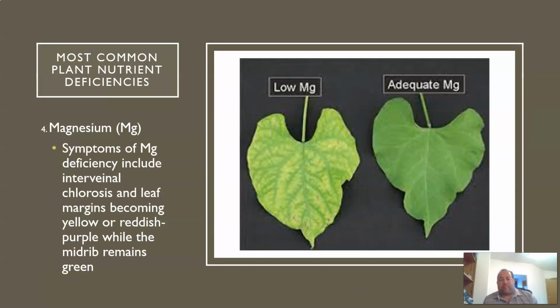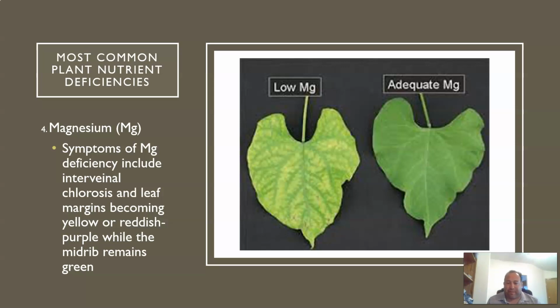Fourth one, that would be the other one we talked about earlier, magnesium. So it's one of our secondary nutrients. The symptoms of magnesium deficiency include interveinal chlorosis. On the left there, you see the low magnesium, and you can see the veins of the leaves, and some areas in between the veins where it's yellow and some areas where it's green.